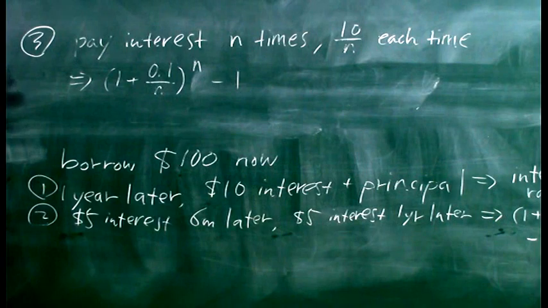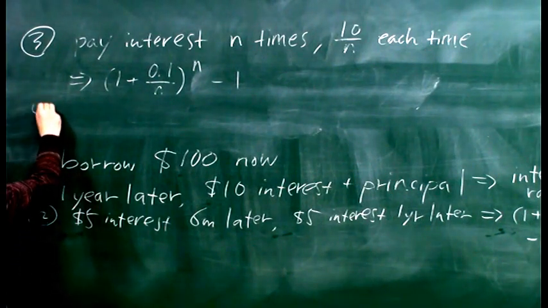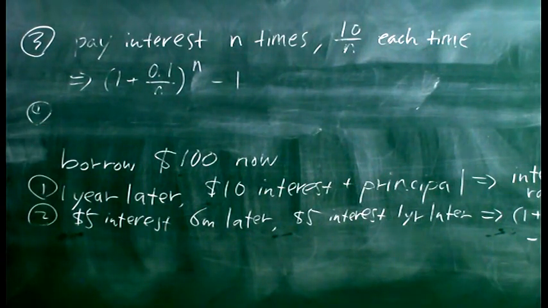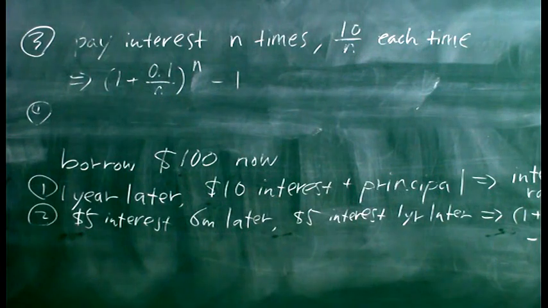Now, starting from here, you can think about the limit of this situation. That is, if n is a very, very large number, what will happen to this number? The fourth case: you pay $10 interest a lot of times, so n is very large.